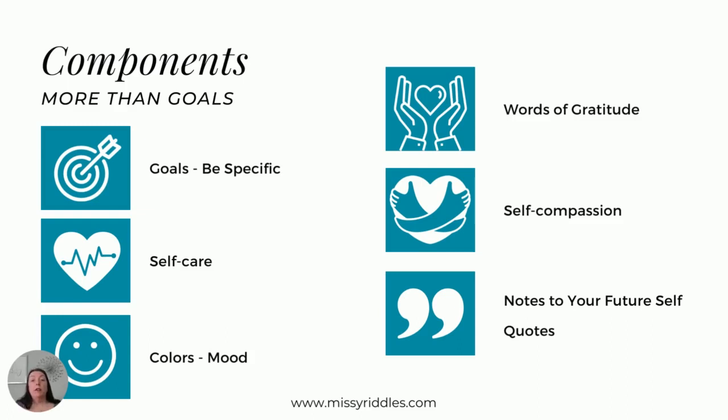Some components to include in your vision board, and these are things that are more than just your goals, right? Of course, have your goals, be specific, maybe have a visual representation of self-care. If you work with me, you know I talk a lot about self-care and the importance of self-care. So it just makes sense to have it as a visual representation on your vision board.